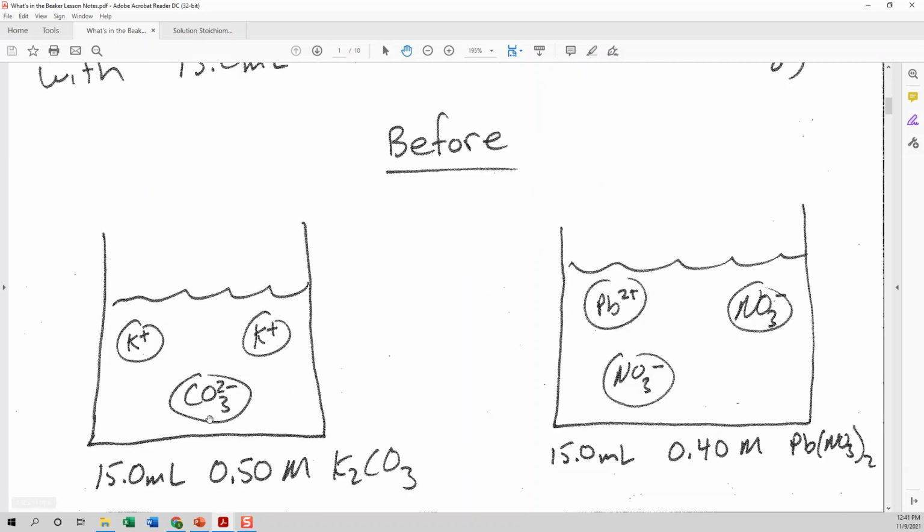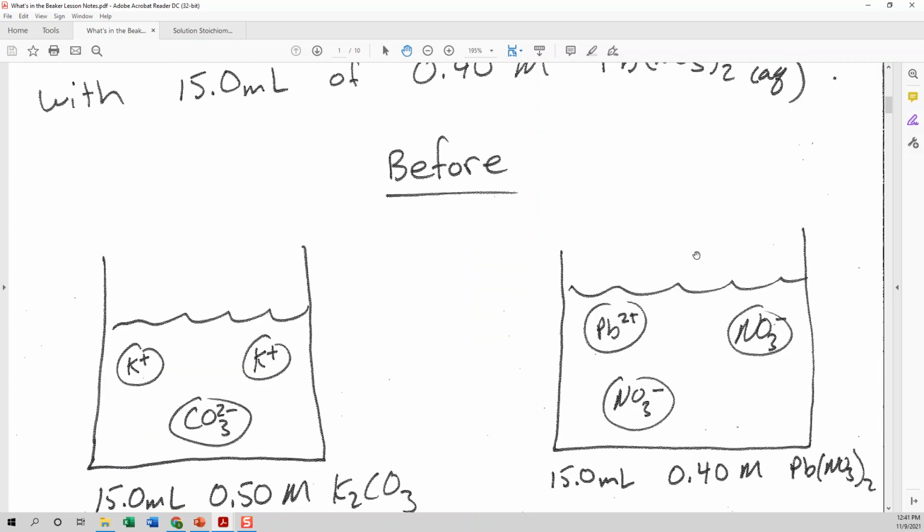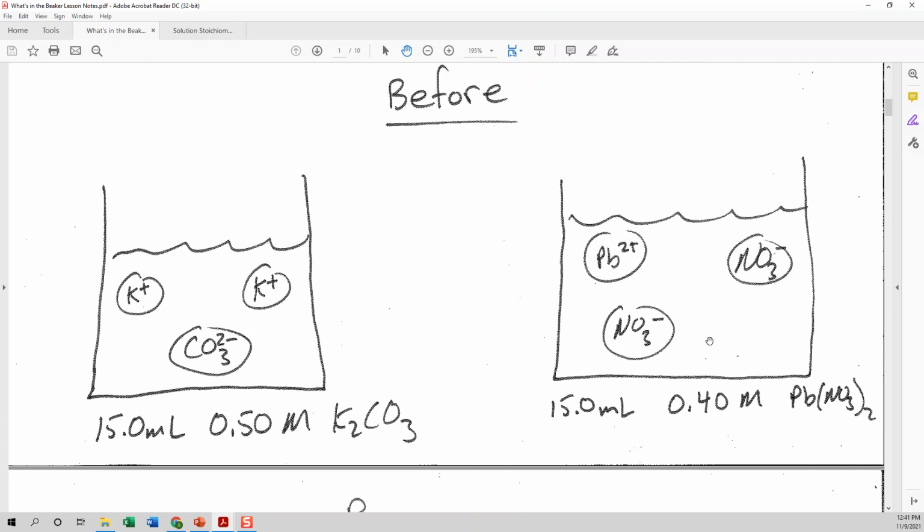So this is what I have going on in beaker number 1. And then beaker number 2, that was 15 milliliters, and it was lead nitrate. Lead nitrate breaks up into 2 nitrates and 1 lead. So this is what I've got over here. Again, these ions aren't together anymore. They've been separated by water. This is 15 milliliters, that's 15 milliliters.